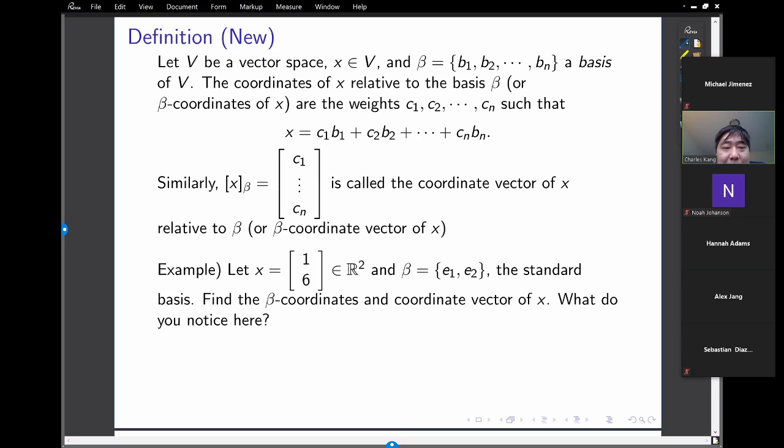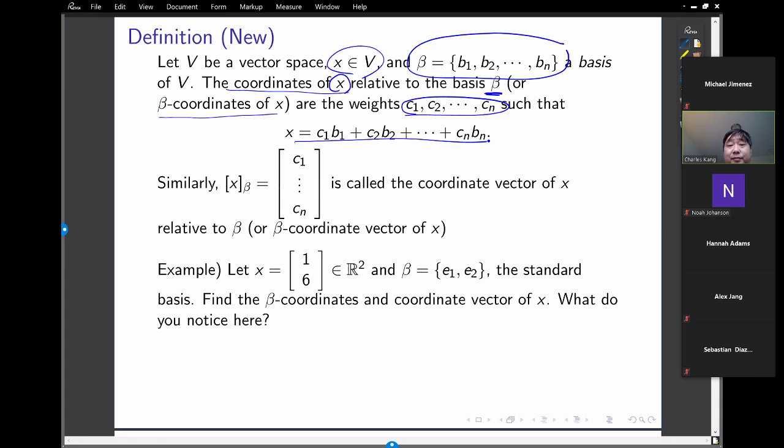Okay, maybe this is better with an example. So, a few definitions. The coordinates of x. So x is a vector in a vector space, and you're given a basis. It's a basis, by the way, not unique. The coordinates of x relative to the given basis beta, or beta coordinates of x, are the weights given by d such that this.